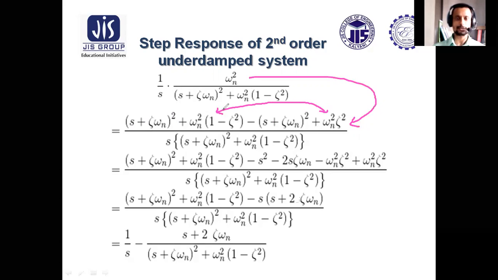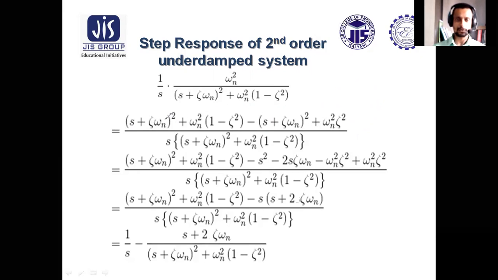So zeta square omega n square will be cancelled. Only omega n square will be there, which is there in the last equation. So hopefully this line is clear to everyone, how to rearrange this omega n square in this line. Now why all these have been taken, that I will discuss later.